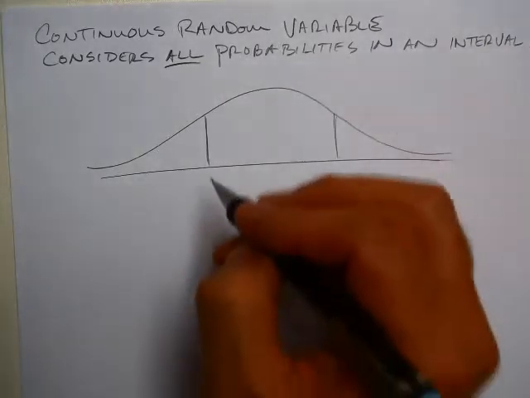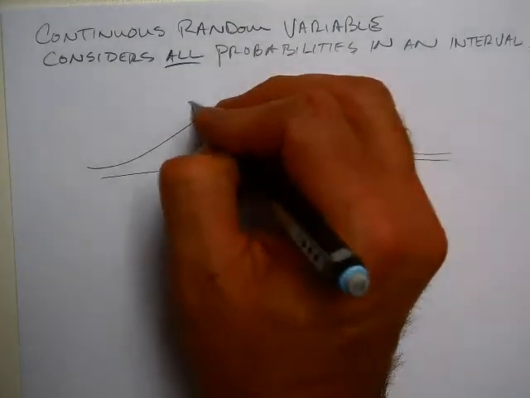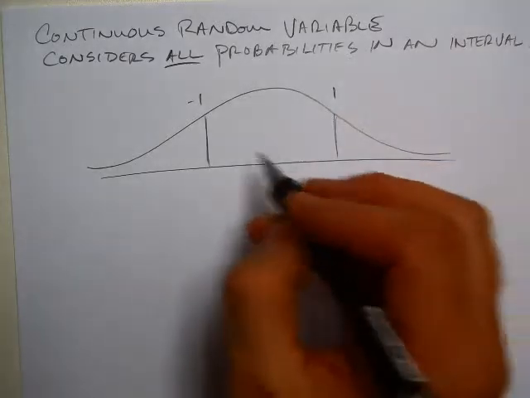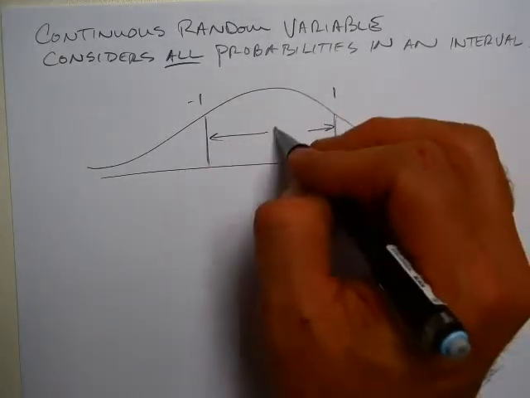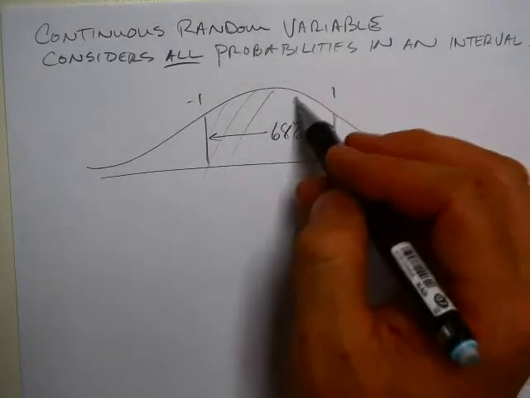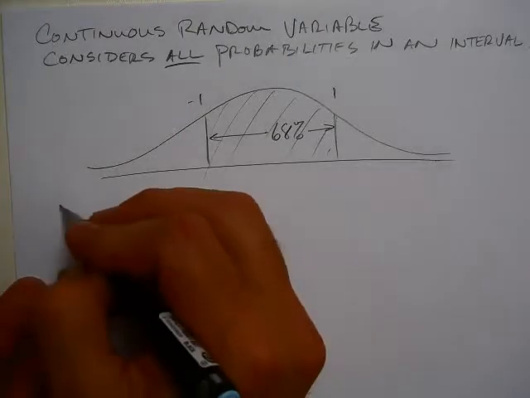What's the probability that in a situation where I'm between -1 standard deviation and 1 standard deviation, how much data falls between these two? 68%, right.